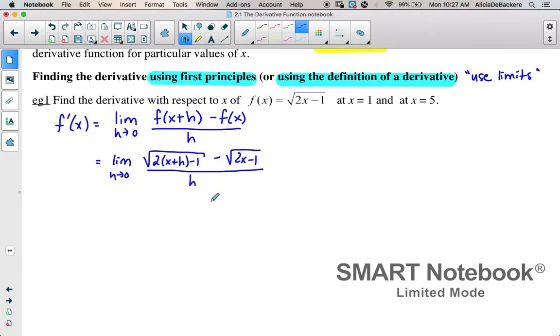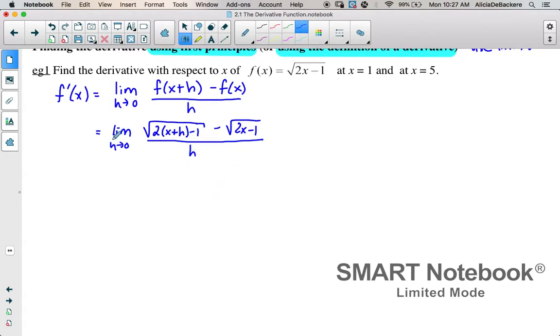All right, so now we're going to try to simplify this. We want to be able to take the limit at 0, but we've got that pesky h in the denominator. What I notice here is a couple of things. I can sort of simplify this first root by expanding the 2 into the bracket. Doesn't really help me. There's still no h to factor out and cancel.